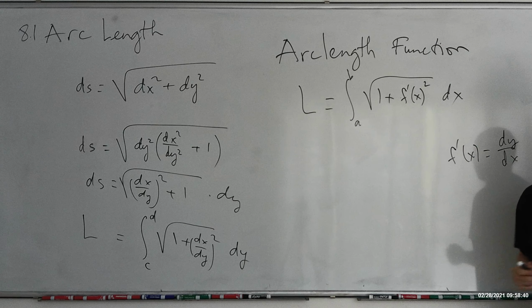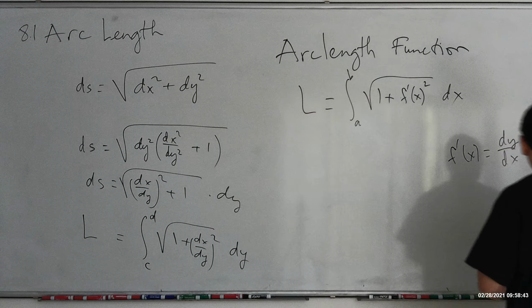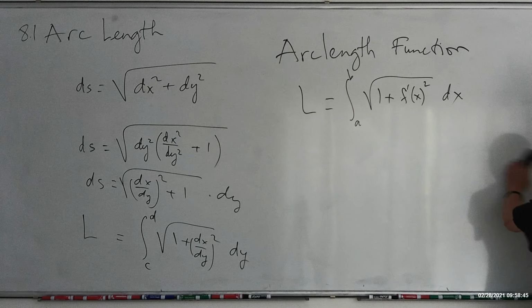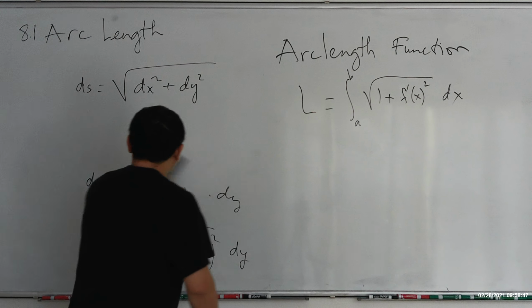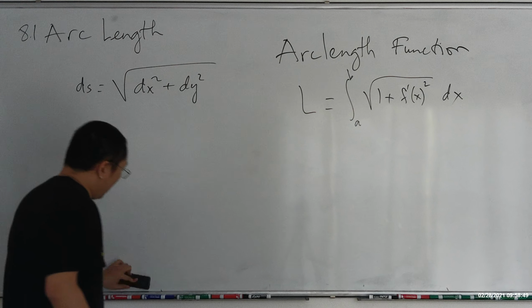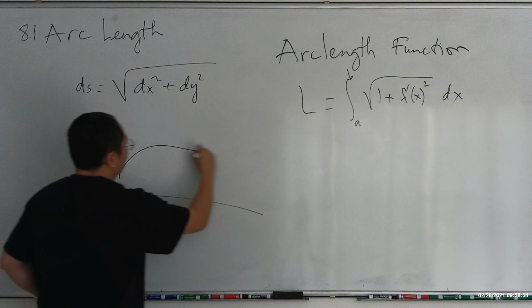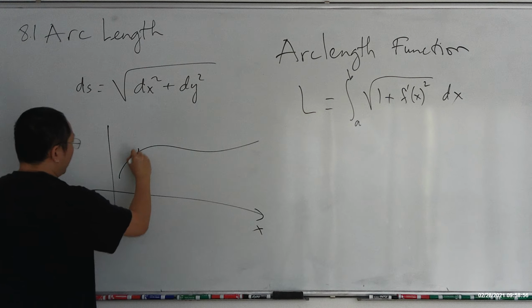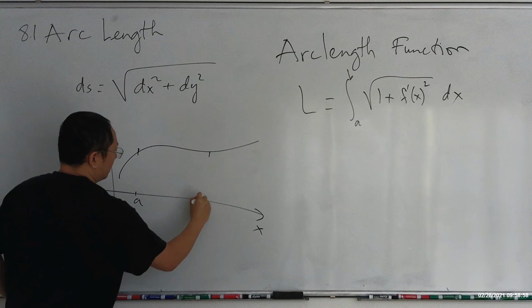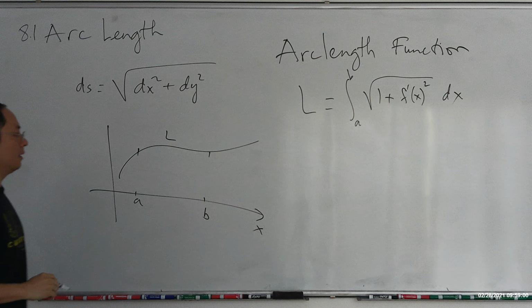I'll just write it this way, it's shorter. It's the same thing. So this formula helps you to calculate the arc length of the curve where x runs from a to b.